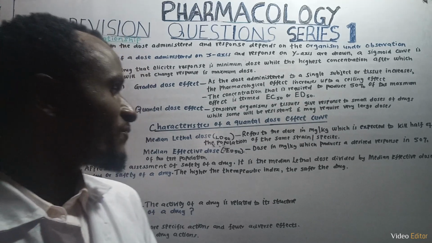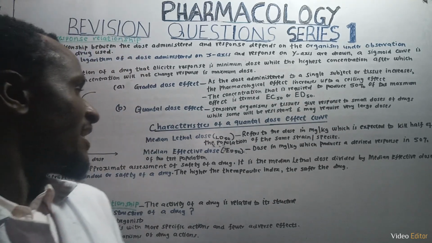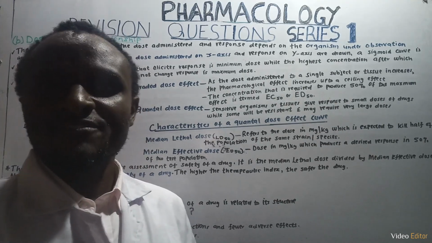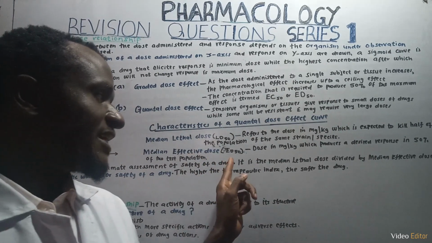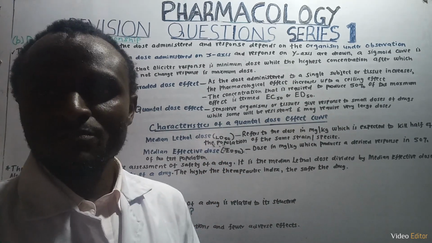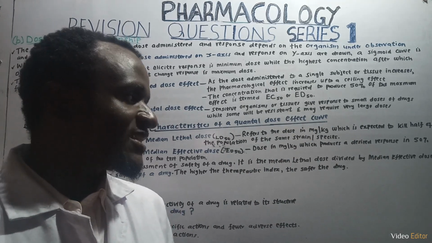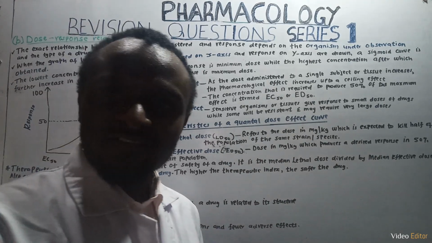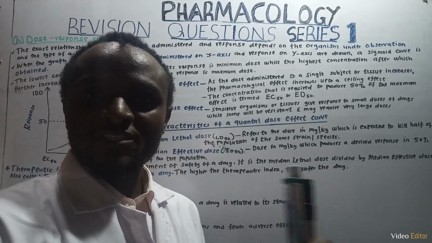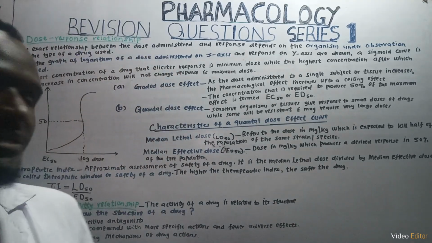Then we have median effective dose. From the word effective, this is the dose in milligrams per kilogram that is desired to produce a required effect, that is the desired physiological effect, in 50% of the population of organisms.